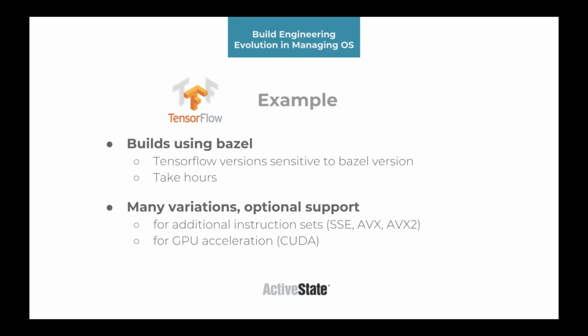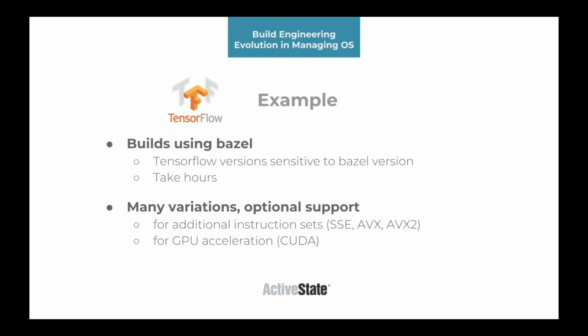I'm going to give you a quick example of something that a lot of people want because it's really useful, but it's actually quite hard to deal with in terms of build engineering. TensorFlow is the go-to package for machine learning within Python, and a lot of people use it. It builds using Bazel because it is big and complicated. Sometimes you'll find that when you're trying to build a particular version of TensorFlow, it won't build with the latest version of Bazel.